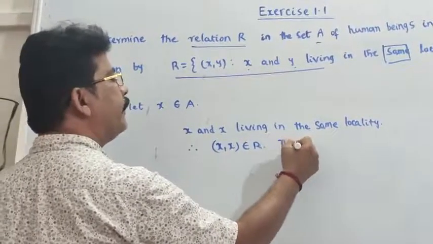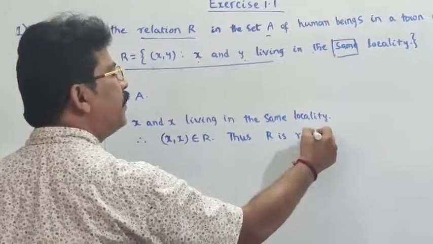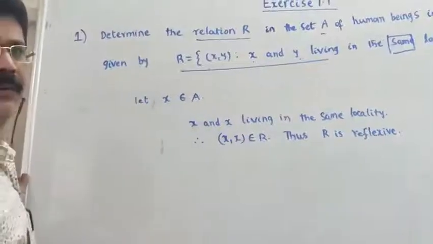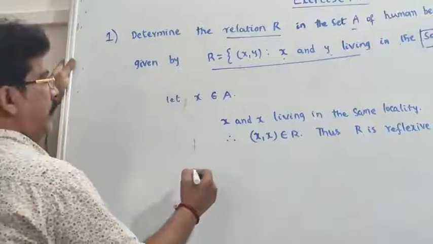Thus, capital R is reflexive. Simple proof. Next, symmetric.